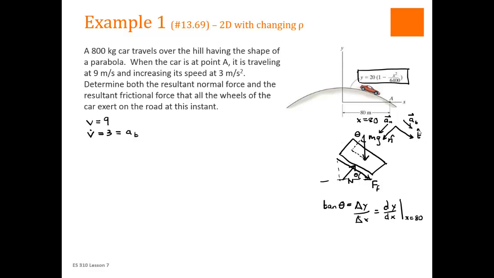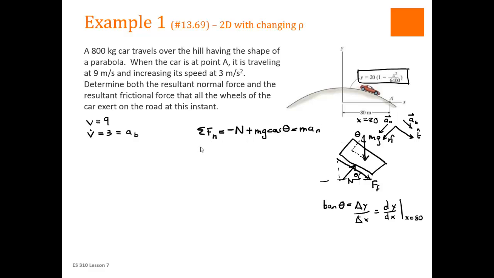We're going to have to come back to them because we're not going to know everything in there, but we can start with that. So let's write the sum of our forces in the normal direction. So we've got negative N, it's pointing out, and the normal direction is pointing in. Negative N, and we've got part of the mg, which is going to be positive, it's pointing in. mg cosine theta, because it's adjacent to the angle, is equal to mass times the normal acceleration.